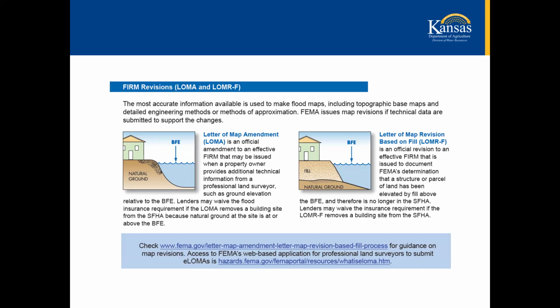And then that might take away the insurance requirement if it's not already required by the lender. So these areas might look the same, but one is natural, one is artificial fill. And again, that's why the LOMR-F has a charge.